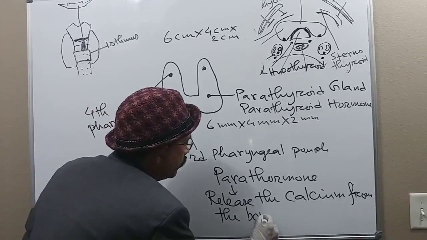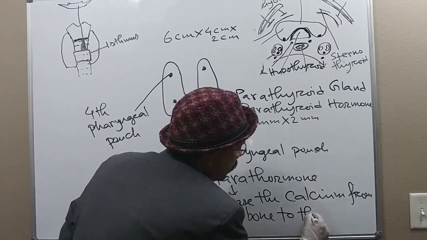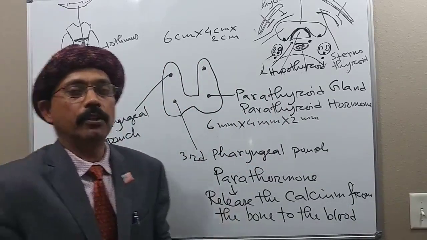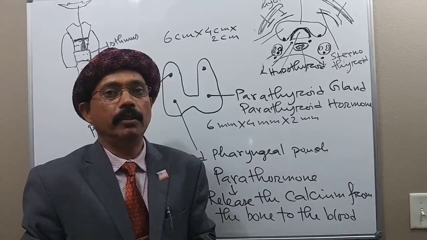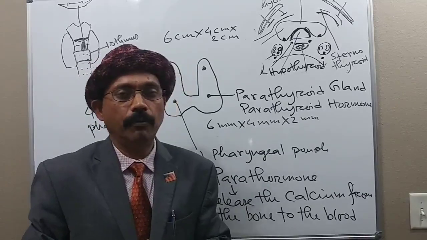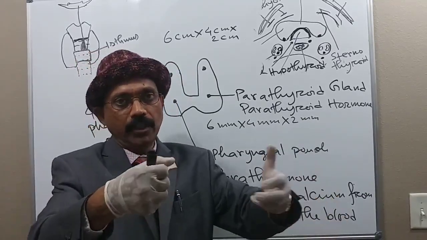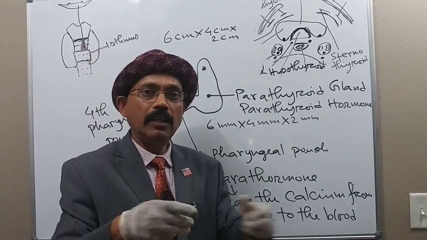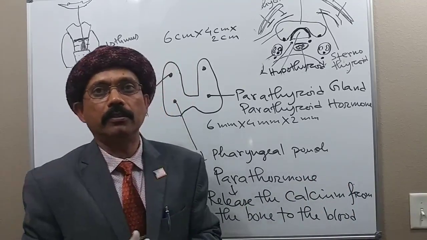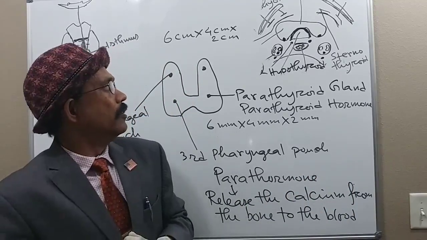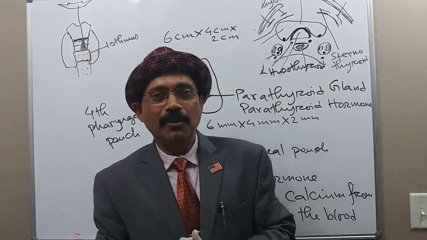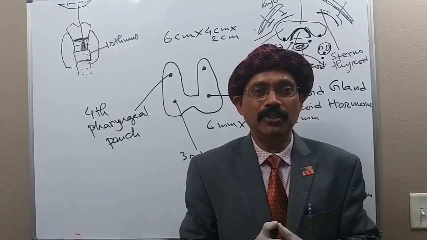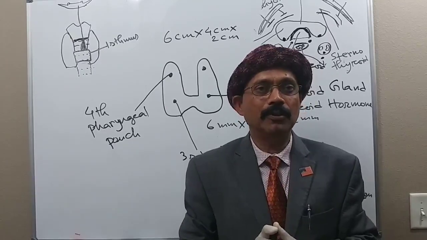That is just opposite to the function of thyrocalcitonin, released from the parafollicular cell, which keeps the calcium in the bone. This hormone from the parathyroid releases the calcium from the bone to the blood. So that's all about the thyroid gland and parathyroid gland: gross anatomy, part of the histology, and a little bit of embryology.